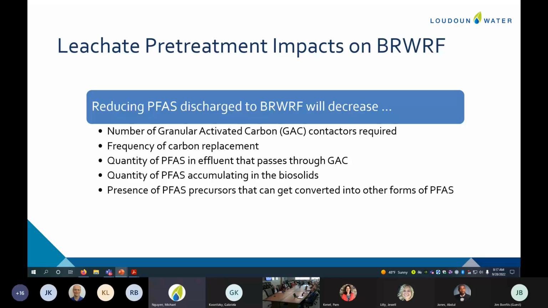So knowing those precursors also helps us know that pretreatment will get rid of many of those precursors. So we might see less transformation or different types of transformation. So it's all so critical. We essentially can't, at this point, reliably design a system without knowing the impact that this is going to have on the facility.